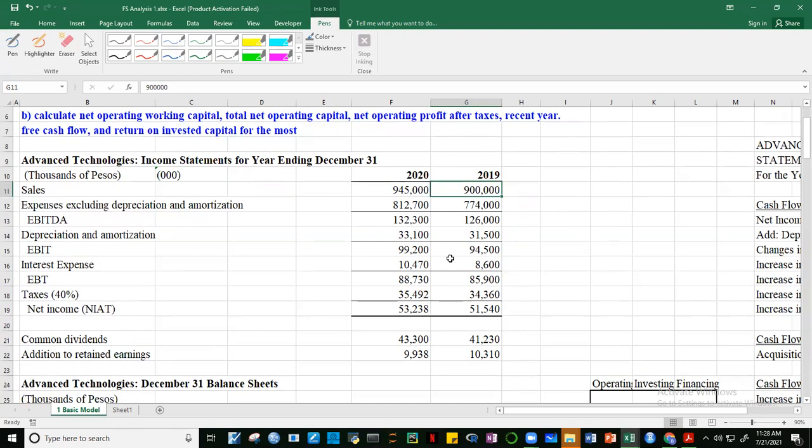As long as nagkakaintindihan tayo na in thousands yan. Okay, so the income statement, we start with sales, gross sales. And then 945, so 900, it means that the sales increased by 45 million, no? 45,000 from 2019 to 2020.